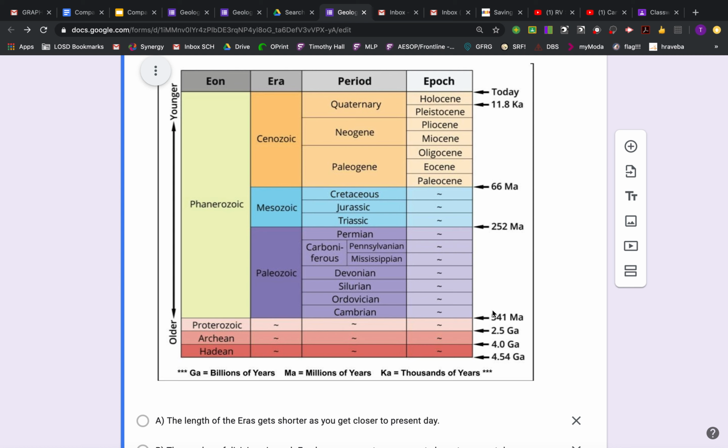So this is actually roughly a quarter of the time that the Proterozoic was, but its box is just massive. So the box size doesn't actually correlate to the time that was covered.